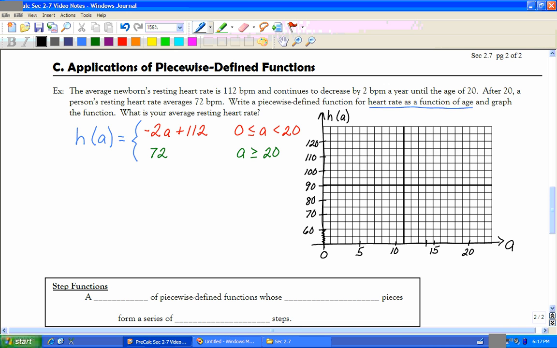Okay, so at 0, if you substitute in 0, which is the lowest number in our domain, negative 2 times 0 is 0, plus 112, so it's going to be a point at 112, which is approximately right here.